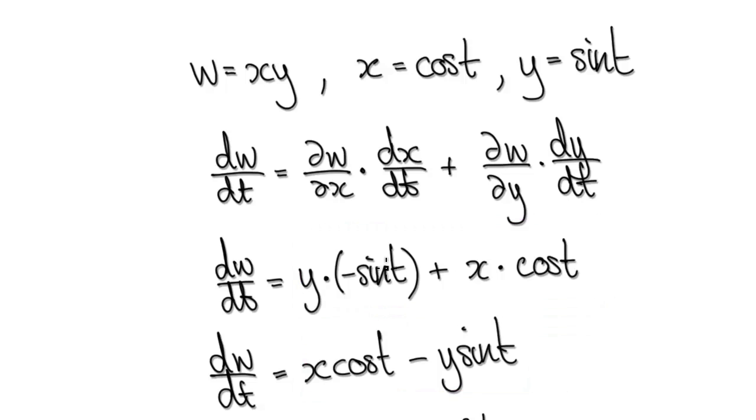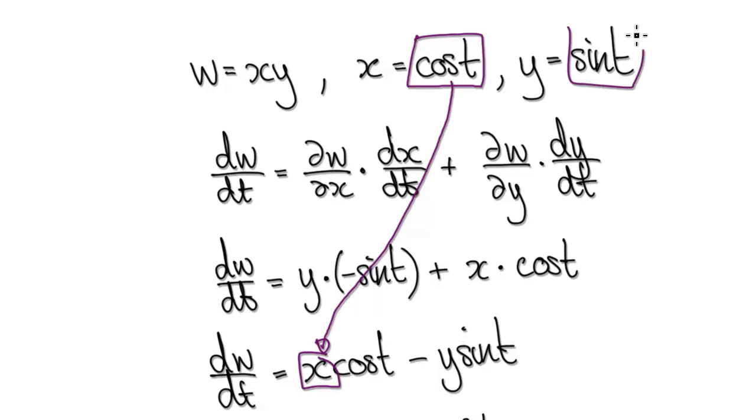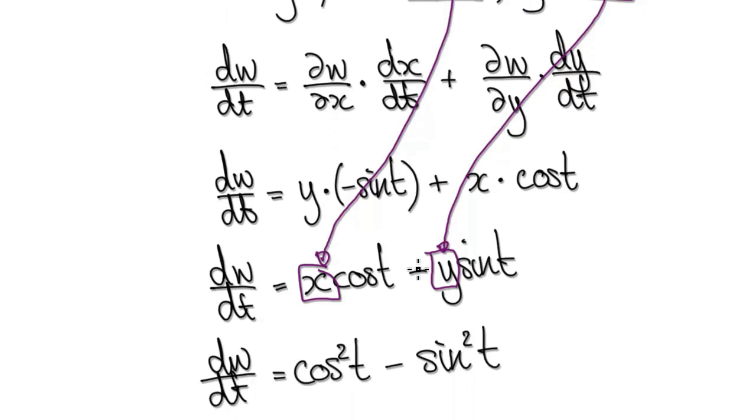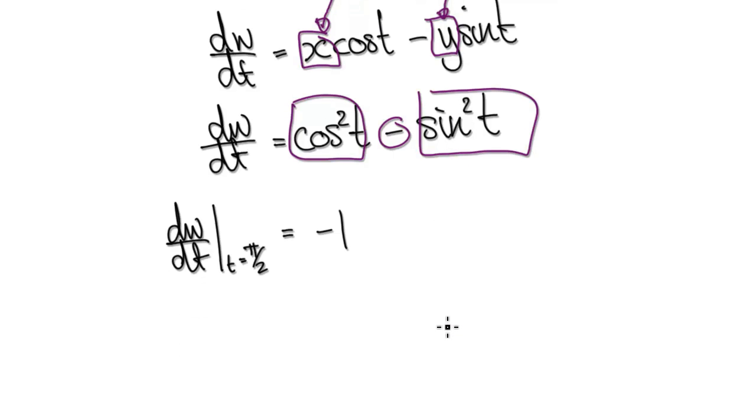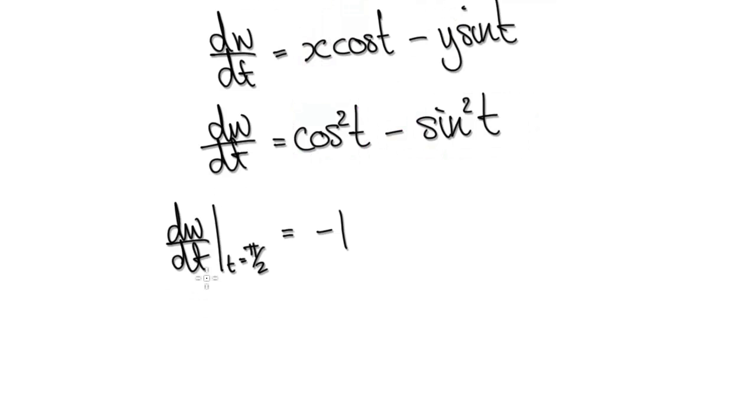Now, what is x? Well, x is governed by this, so we can put this into here, and we can put this into the y. That will become cos squared minus sine squared, which takes us to here. But then we want to know the derivative with respect to time at time equals pi over 2.